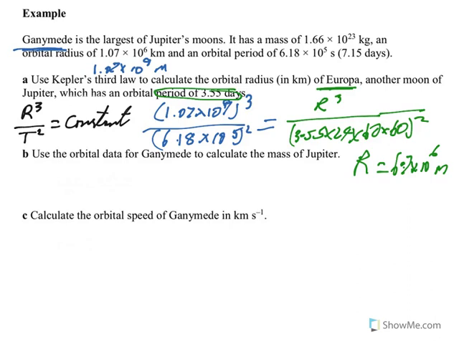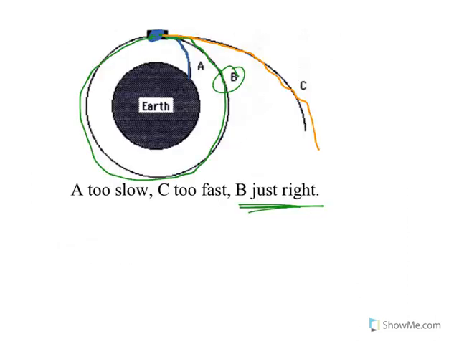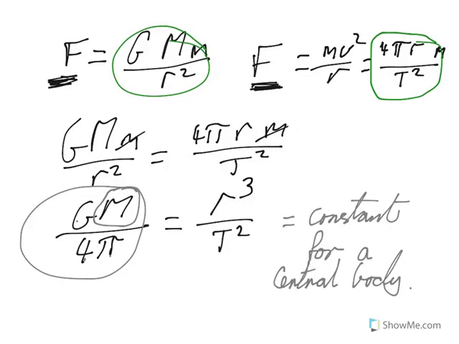Alright, so the next bit is use the orbital data for Ganymede to calculate the mass of Jupiter. So what we can use is this thing here.